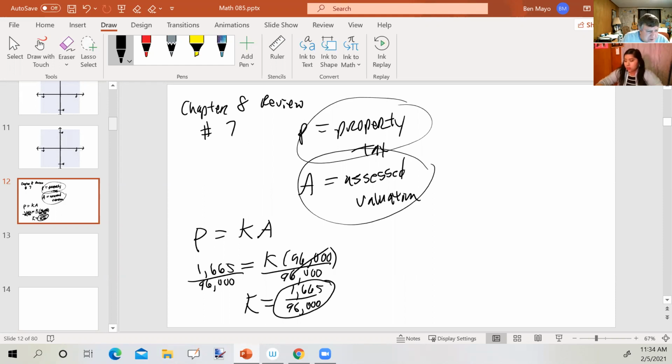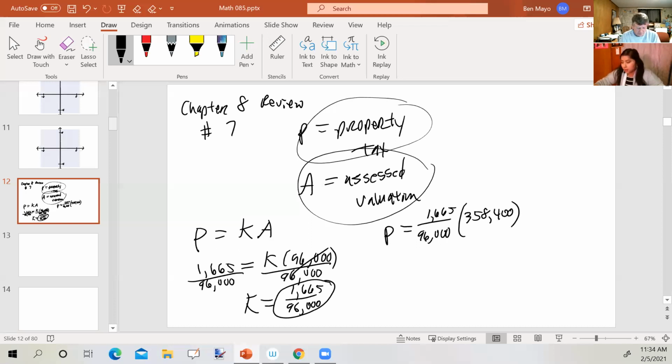It says determine the property tax. So that's P on an apartment complex assessed at $358,400. So I've got P equals, and then K is this 1,665 over 96,000 times 358,400.